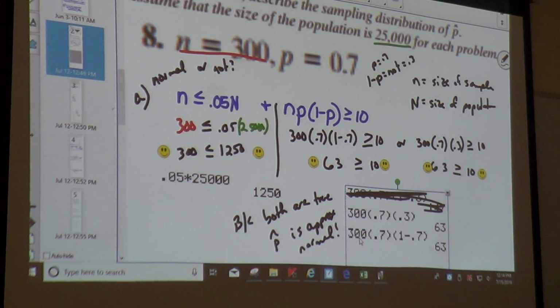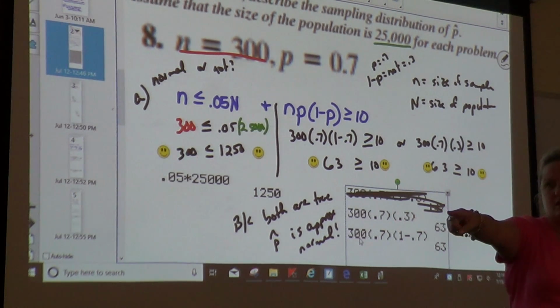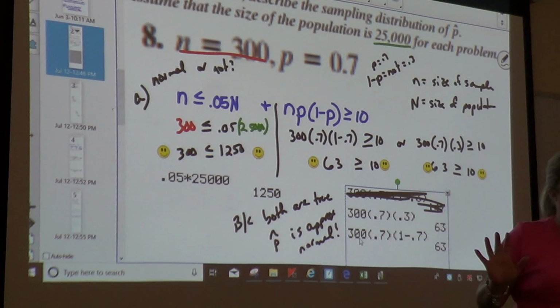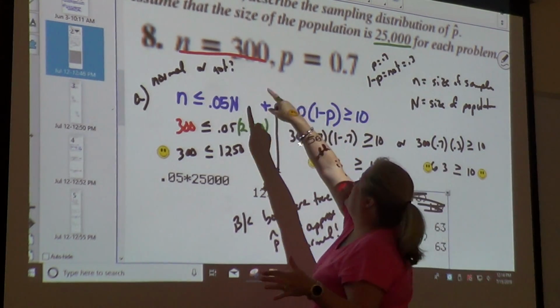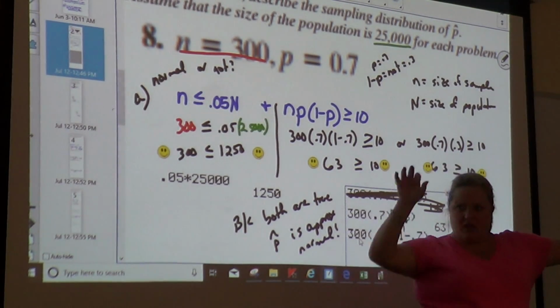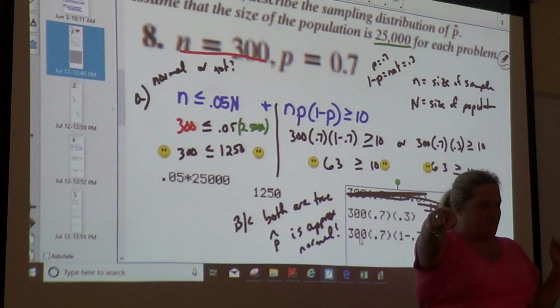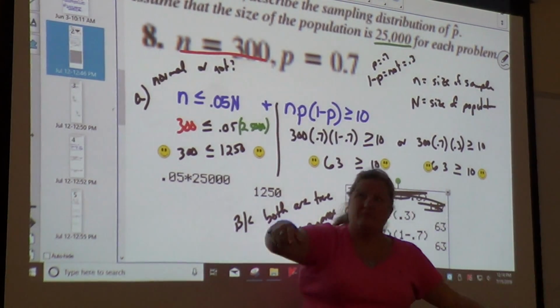What do you think the new mean would be? Did they give us the same, which is going to be what number? We only have three numbers. We have 25, 300 and 0.7. Which one's it going to be? 0.7. Because this represents how many people you asked in a sample.